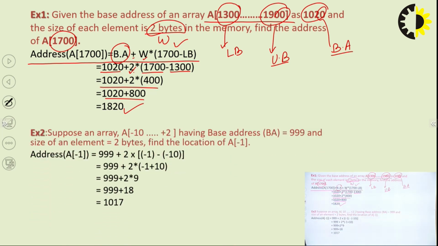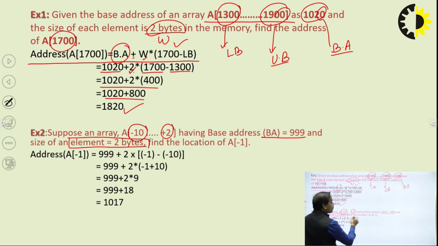Now we take another example. In this example, the lower bound of the given array is -10, the upper bound is 2, the base address is 999, and the value of W is 2 bytes. Find the location of A[-1]. How do we calculate it? We write the formula: address of A[-1] equals base address plus 2 times (-1 minus lower bound).